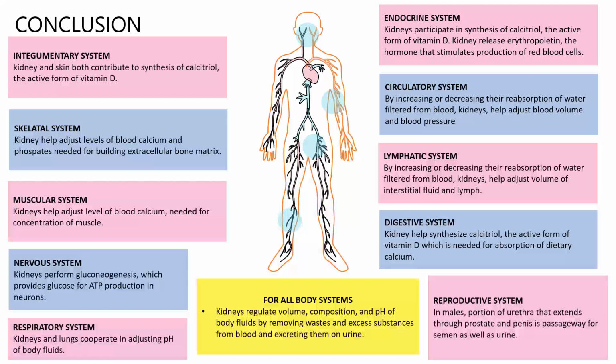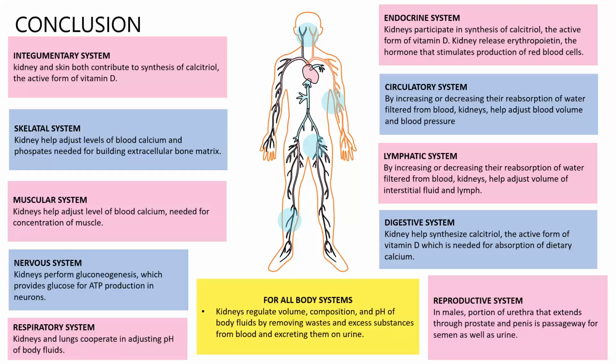For the integumentary system, kidney and skin both contribute to synthesis of calcitriol, the active form of vitamin D. For the skeletal system, kidneys help adjust levels of blood calcium and phosphates needed for the building of extracellular bone matrix. For the muscular system, kidneys help adjust level of blood calcium that is needed for contraction of muscle.